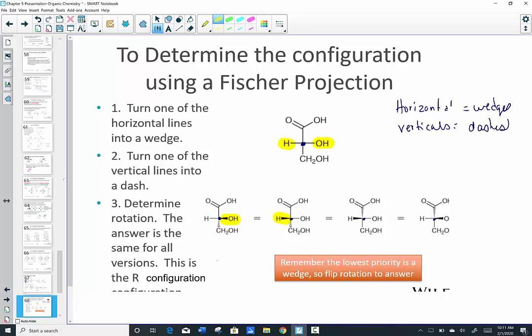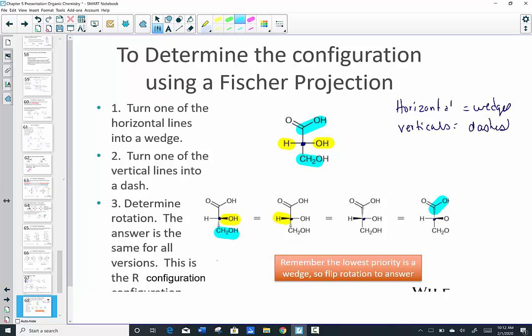I just pick one or the other, it does not matter. And in the next decision, I have two choices to make the dashes. I can make the dash the CH2OH, or I can make the dash the COOH. It doesn't matter, I just have to pick one. They're all the same, and you're going to get the same answer regardless.